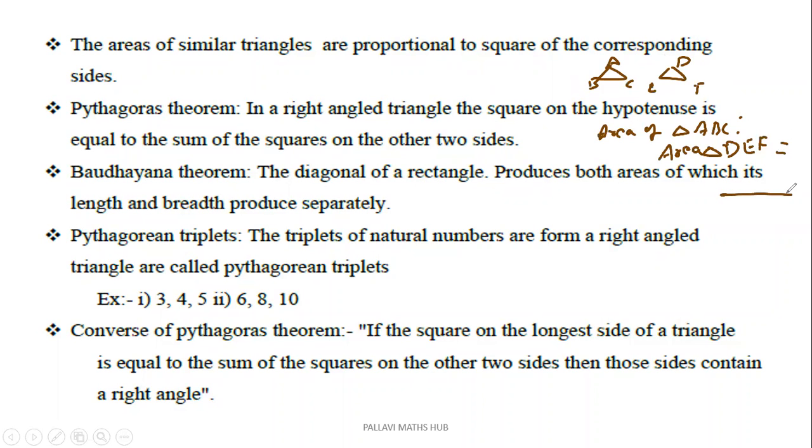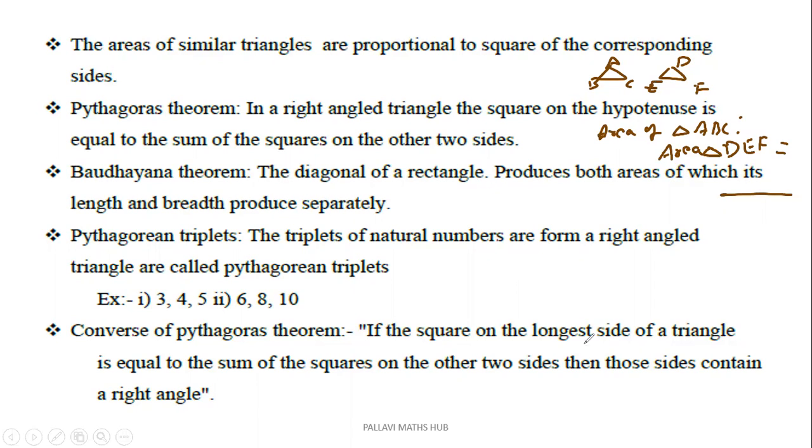They will give like this. So if the area of triangle ABC is proportional to the area of triangle DEF, then this is equal to the square of the corresponding sides.